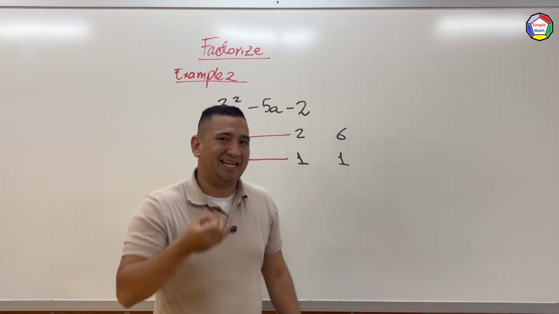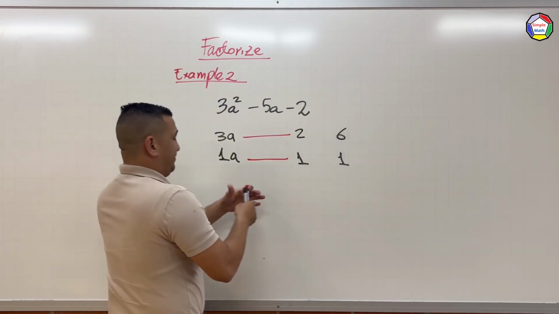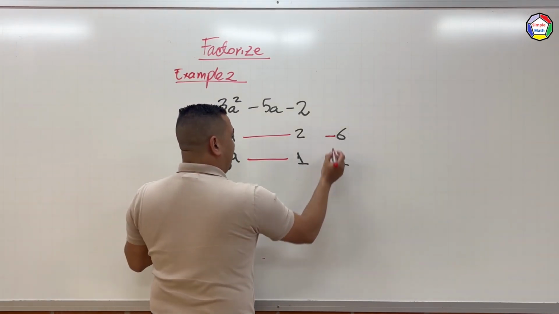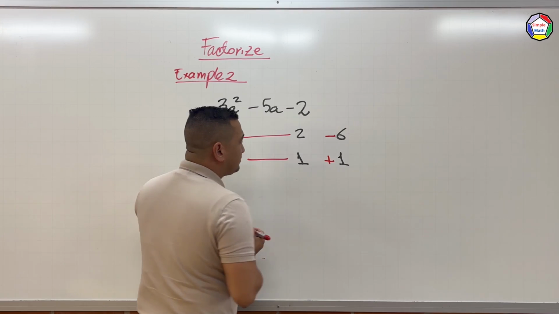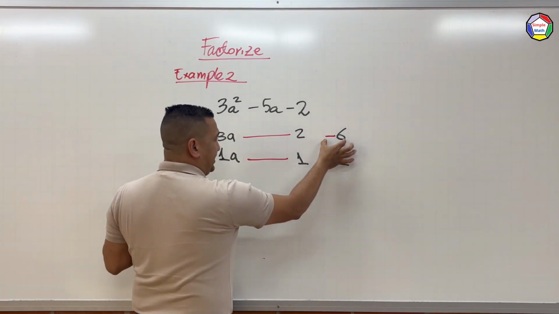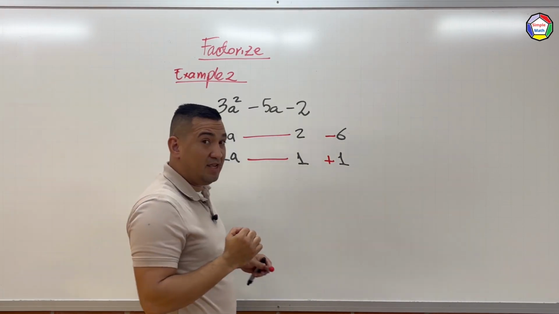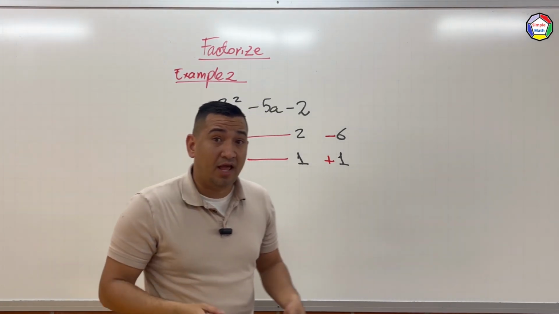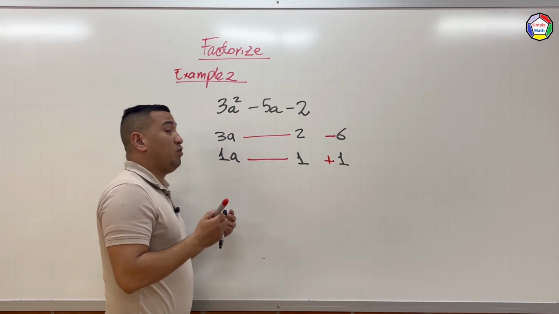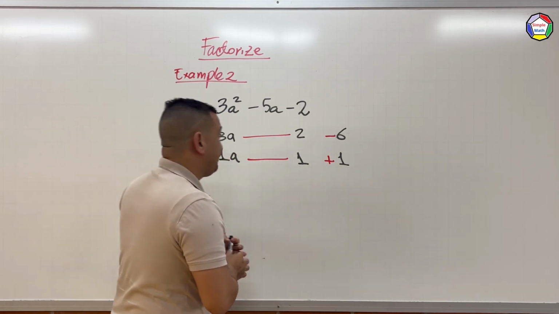The answer is yes. If the 6 is negative and the 1 is positive, so minus 6 plus 1 is equal to minus 5. So we have found the numbers that work for my exercise.